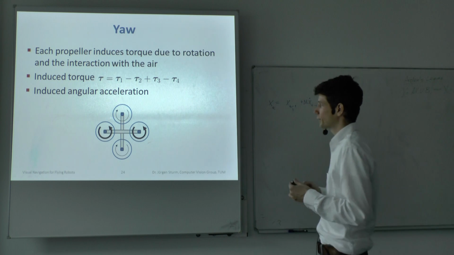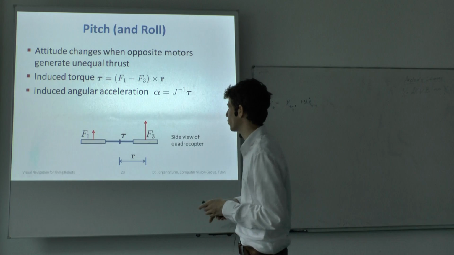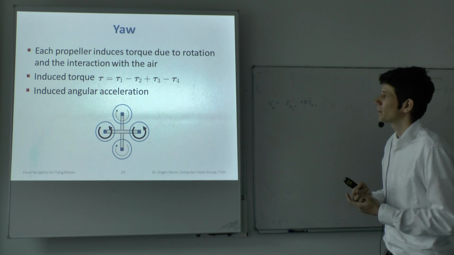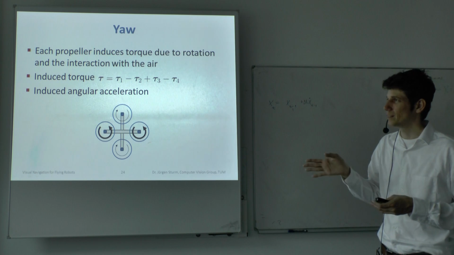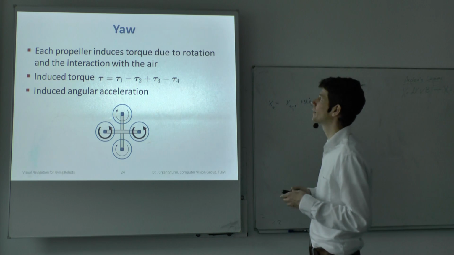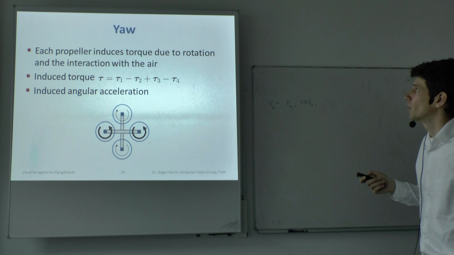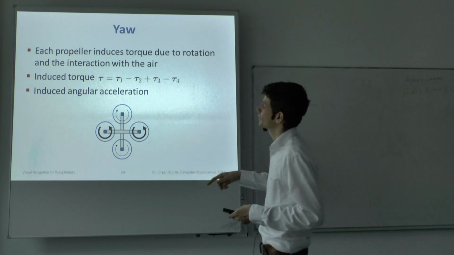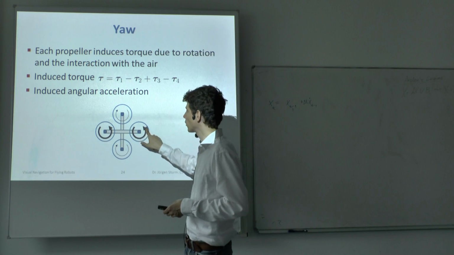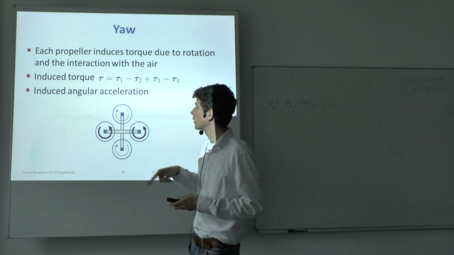Good. So this is how we can turn to move forward or sideward, but then the quadrocopter can also change its heading direction. And the way this is accomplished is as follows. Each of the propellers induces a torque around its axis. So we've seen that two propellers always turn in one direction, and the other two turn in the opposite direction.